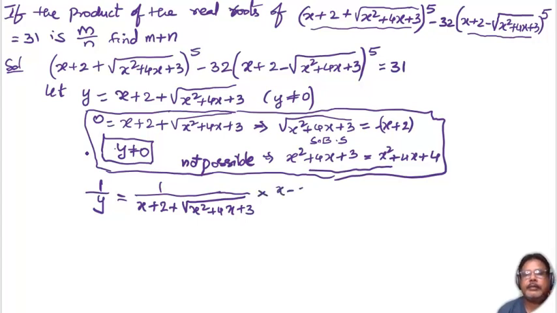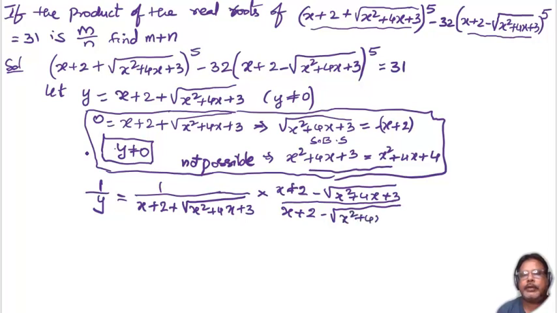So multiplying by (x + 2 − √(x² + 4x + 3)) over (x + 2 − √(x² + 4x + 3)).